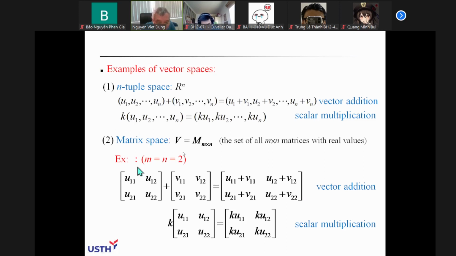I can show you only the easiest case, when m equals n equals 2. Then the vector addition is defined like that. The scalar multiplication is written like that, and it is very easy for you to verify that the two operations like that satisfy the 10 properties in the definition of a vector space.